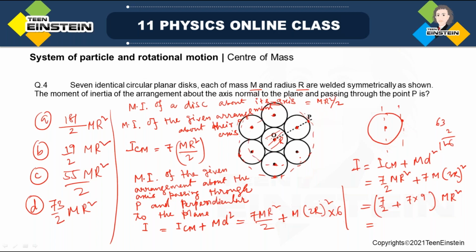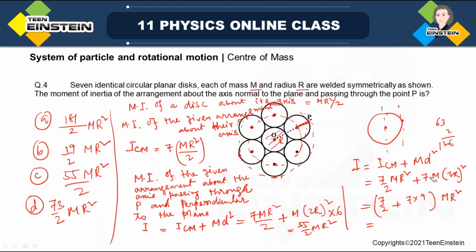Okay, then I think this will be correct, because then it will be like this. You can consider this as a sphere, as I was telling, that has a radius 2r, and this is distance 3r again. So then this will give you actually 55 by 2 mr square.